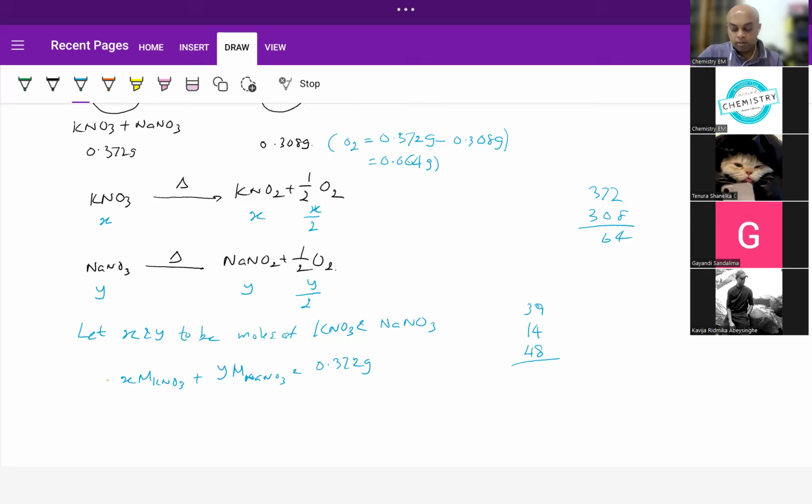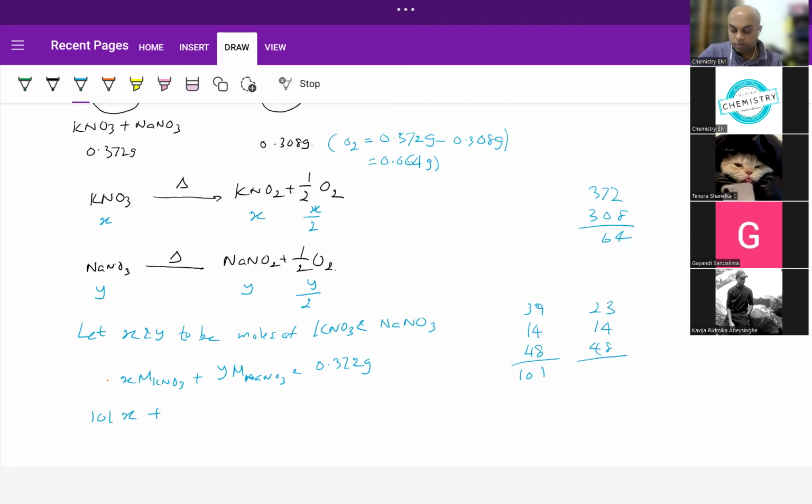So X into 101, that is 101X, plus NaNO3: Na 23, N 14, O3 48.